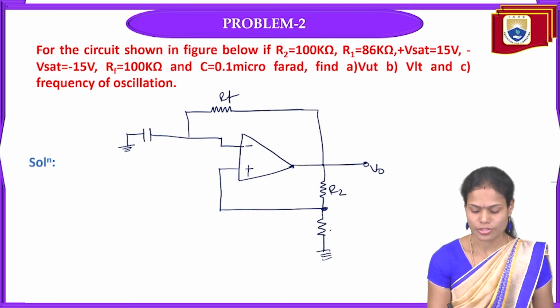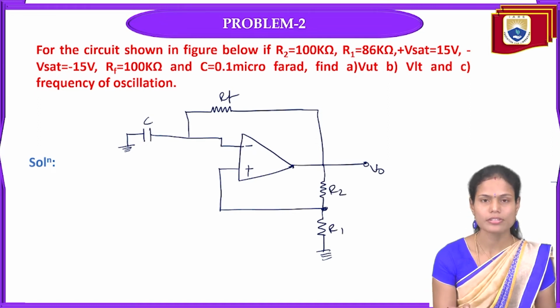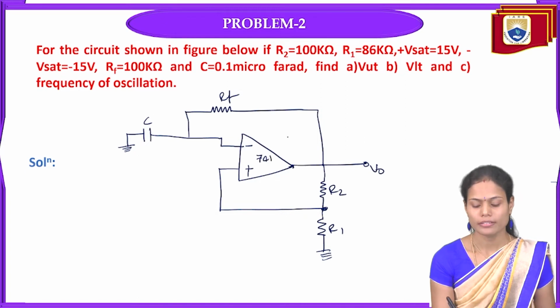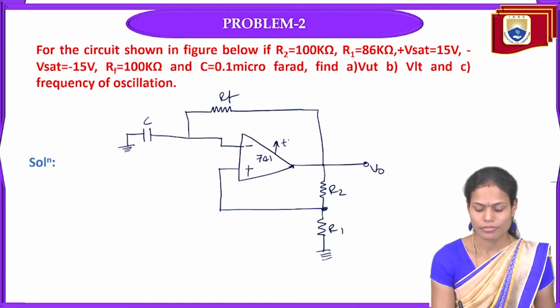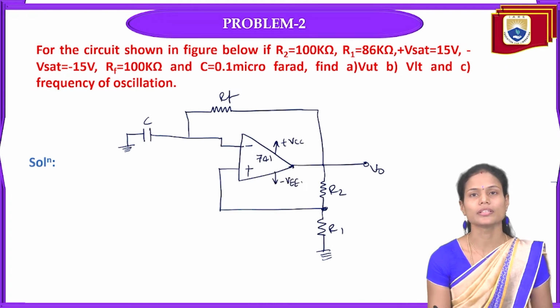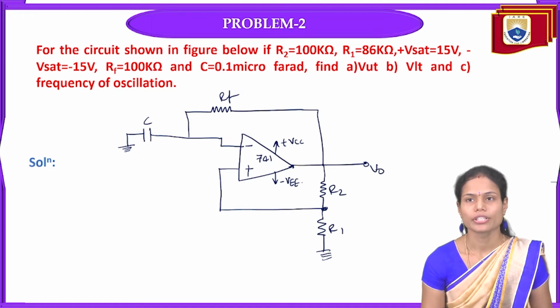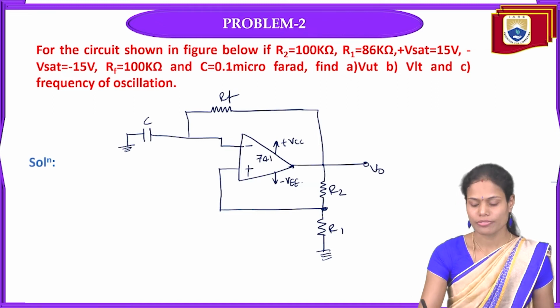This is the R2 resistance, this is the R1 resistance, and this is the capacitance. It is a 741 IC, and it is plus VCC, and here it is minus VEE for the circuit. For this circuit, we need to calculate the upper and lower threshold values as well as the frequency of oscillation. Before going to the problem, we will write the given parameters first.